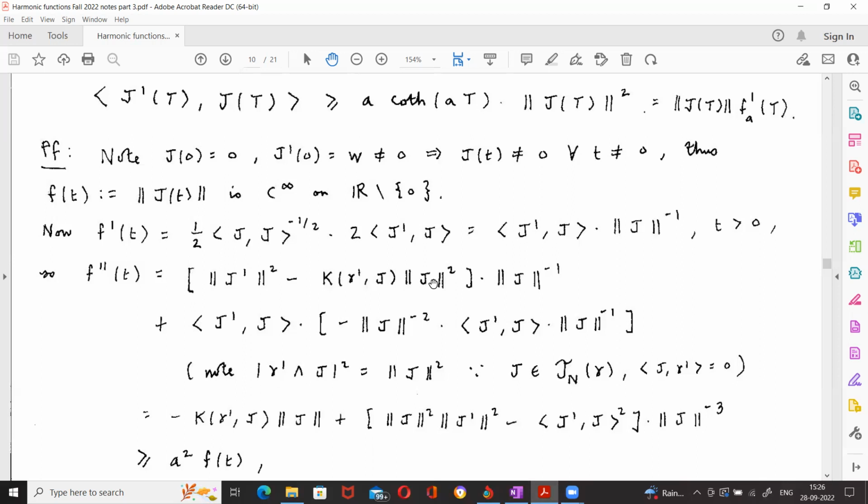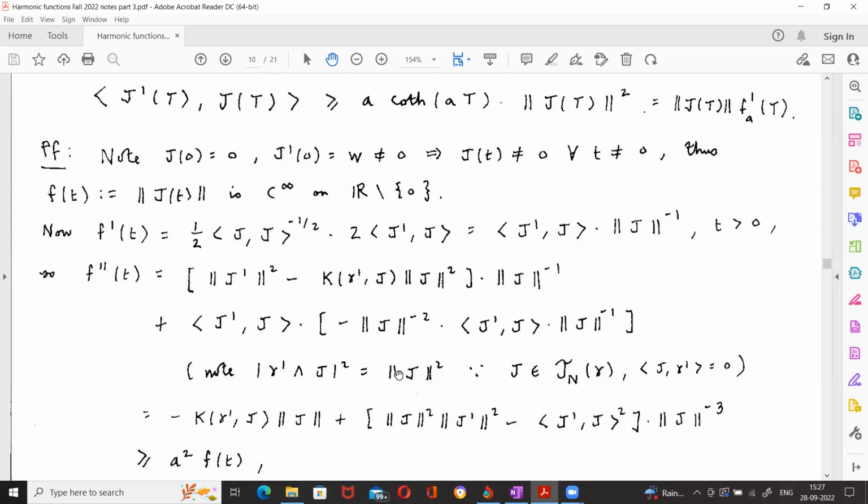So we get this term into norm j inverse, plus inner product j prime j into the derivative of norm j inverse. By the chain rule, that's minus norm j to the minus 2 into the derivative of norm j, which we've already calculated: inner product j prime j into norm j inverse. Note that norm of gamma prime wedge j squared is equal to norm j squared because j is a normal Jacobi field, so j inner product gamma prime is 0.